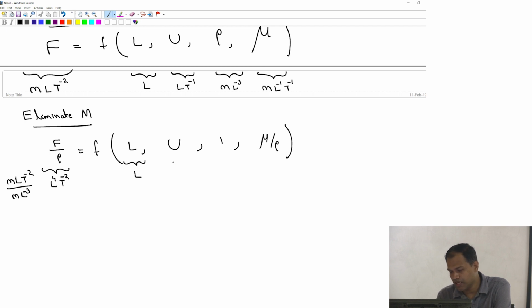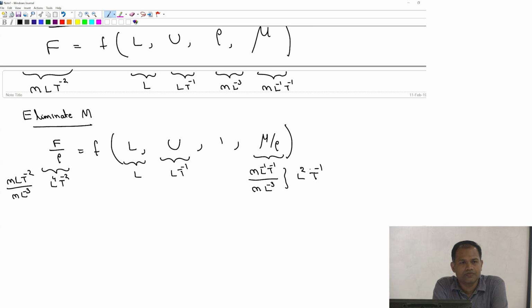L is still L, U is L t to the power minus 1. Mu by rho is, we originally had m, L inverse, t inverse. I divided with m, L to the power minus 3. And therefore, I ended up with L square t to the power minus 1. Because there is no m in it.